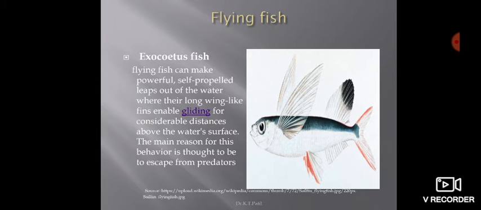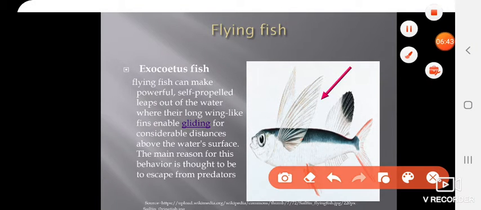Their body is elongated, up to 30 to 45 centimeters, divided into head, trunk and tail regions, and the whole body is covered by cycloid scales. The specialty or modification is that their pectoral fin, see the arrow, is very large and works like wings, so that this fish can lift its body and glide over the water.